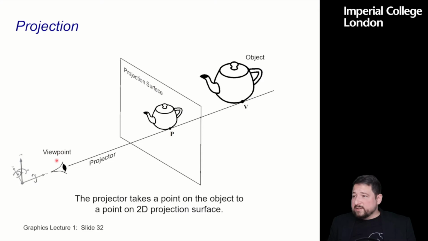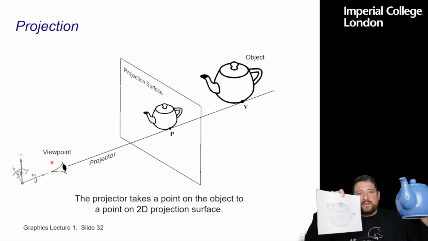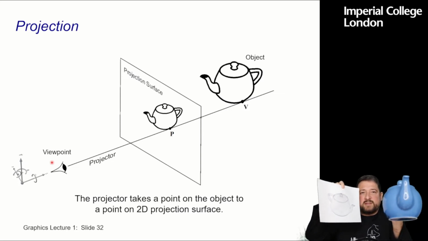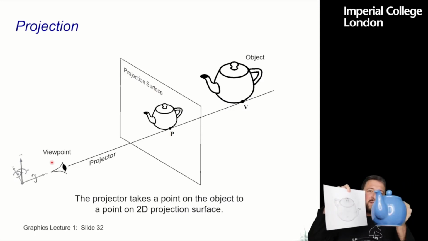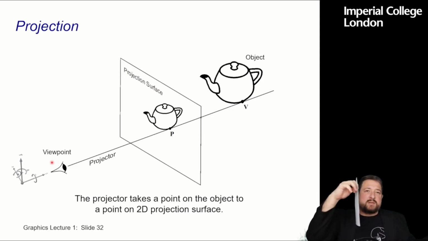So in a projection, a projector basically, or a camera here, takes a point and projects it on a 2D surface, right? So we take our teapot, and what it does is that all of these points get projected on this single plane here.